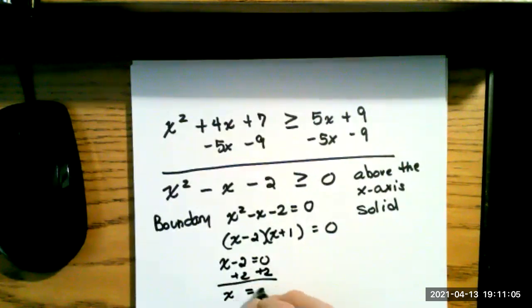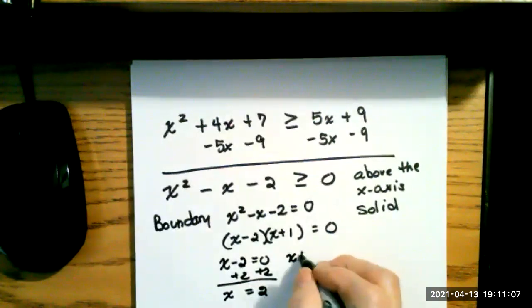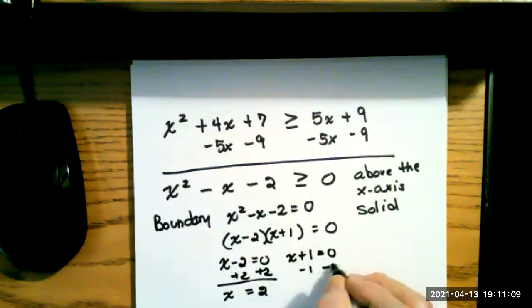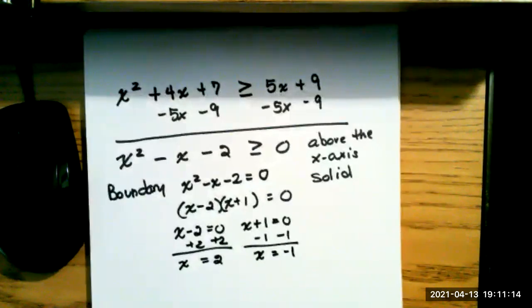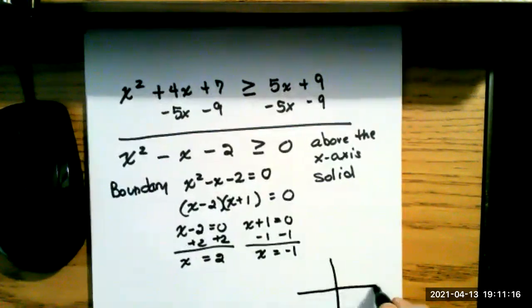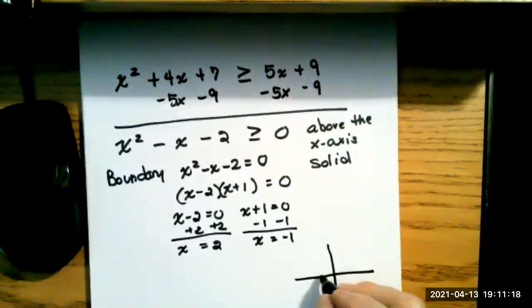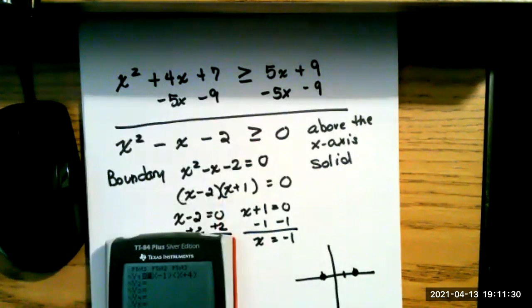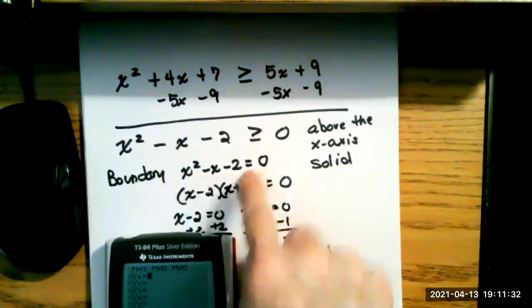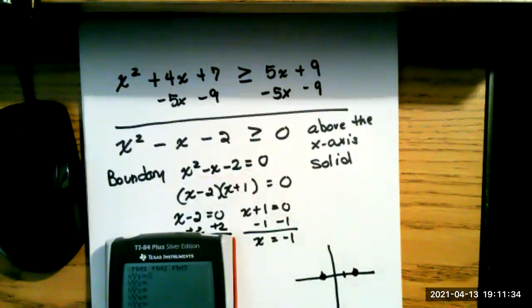I get x equals 2, x equals -1. Okay? So when I do my graph, I've got a -1 and a +2. And I'm going to grab my calculator and see what that looks like. I can do the original, this one right here, x squared minus x minus 2.